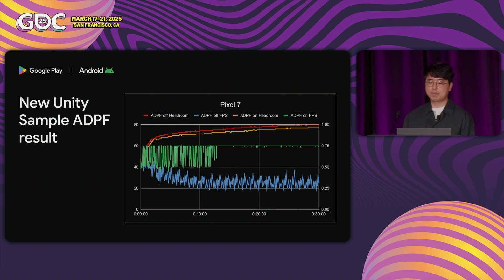But with ADPF enabled, we locked in a solid 60 FPS even after 10 minutes of gameplay. It is a 100% improvement, pushing the average to 56 FPS. And crucially, the device ran significantly cooler, showing dramatically increased thermal headroom.